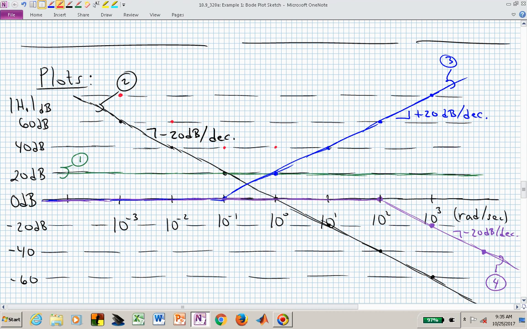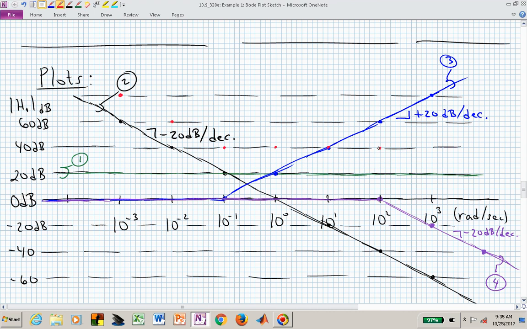We look over here, and we have 40, plus 40, and plus 20. That's plus 60, but we have to take 20 away from that, so we're still at 40 dB. So we're still flat. We haven't seen anything additional introduced with a slope until we get to beyond 100.